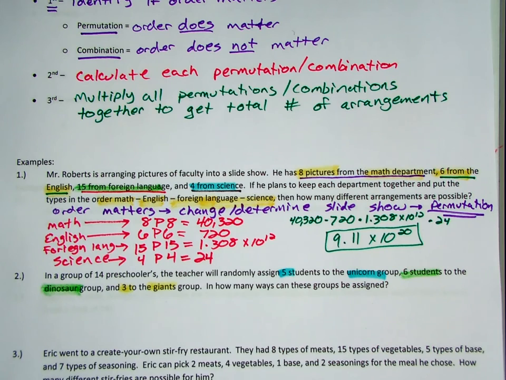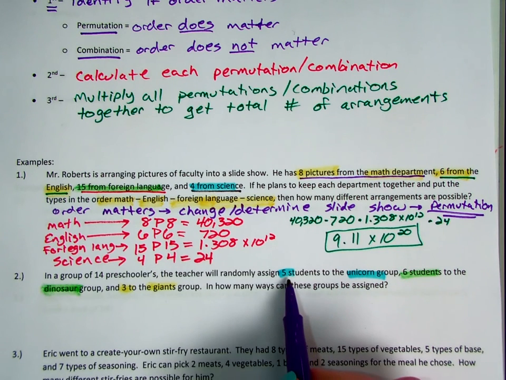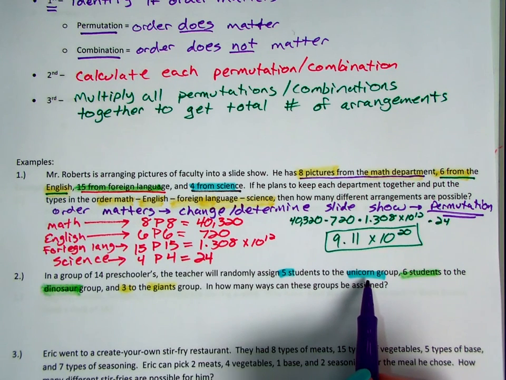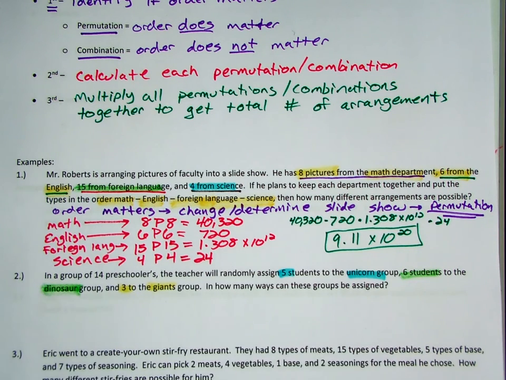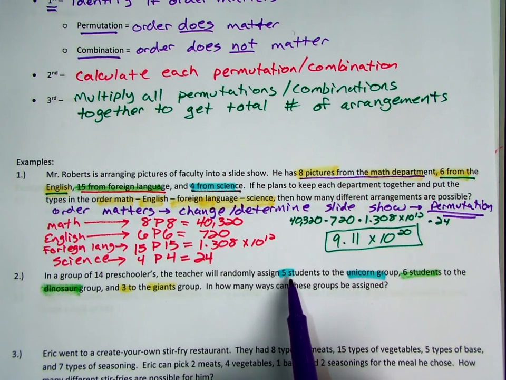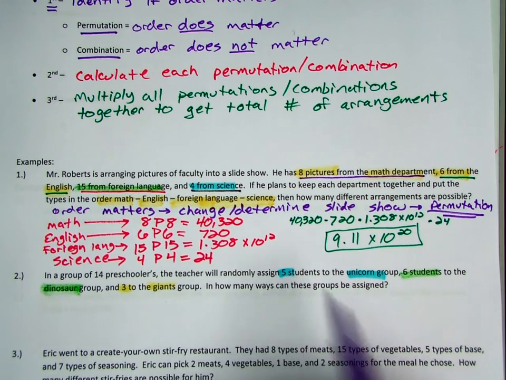So it doesn't matter what order I get put into a group at. So if I'm getting put into the unicorn group, does it matter whether I was the first one, the second one, or the third one put into the unicorn group? No, it doesn't matter what order I go into the unicorn group. It just matters that I was in the unicorn group, or the dinosaur group, or the giants group. But it doesn't matter whether I was the first, second, third, fourth, or fifth student assigned to that group.